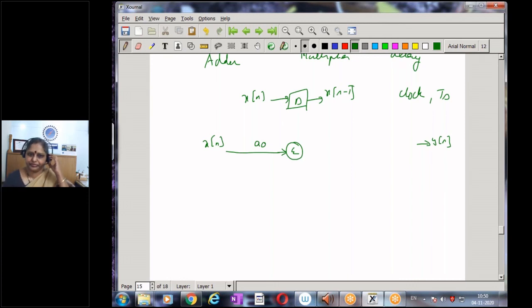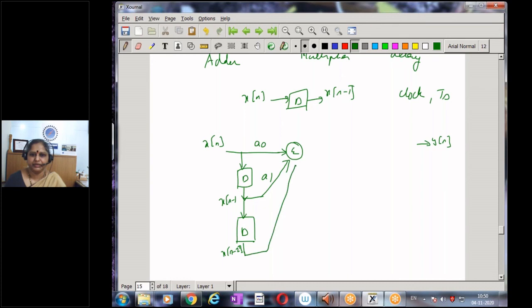I give a delay, I get x[n-1], and I multiply it by a1. I have a further delay and get x[n-2], and I multiply it by a2, and I get an output.